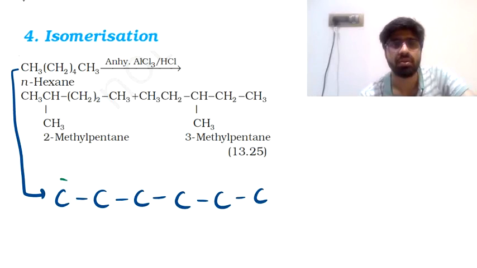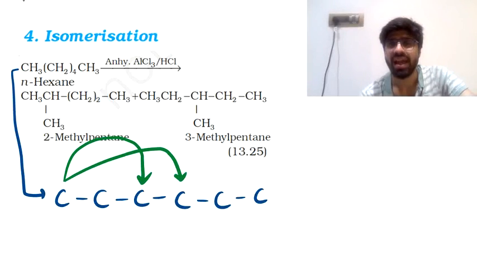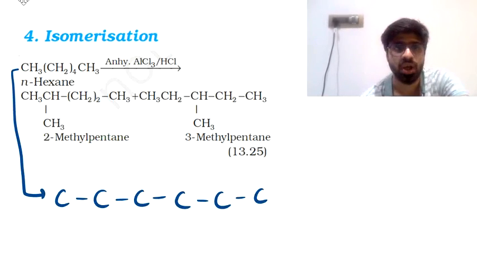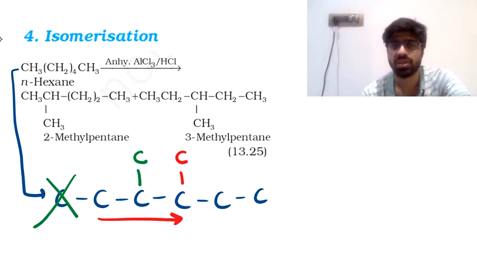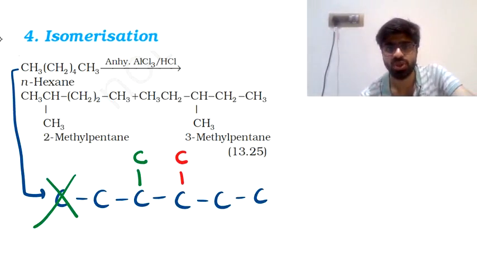Take the terminal methyl group, and you can make it shift and attach on the second carbon atom, or on the third carbon atom, anywhere but somewhere in the middle of the chain. So one possibility is eliminating the methyl group here and attaching it to the second carbon atom, or the other possibility is attaching it to the third carbon atom from here, which is the third carbon atom from the other end also. So there are two different possible products which you can get.